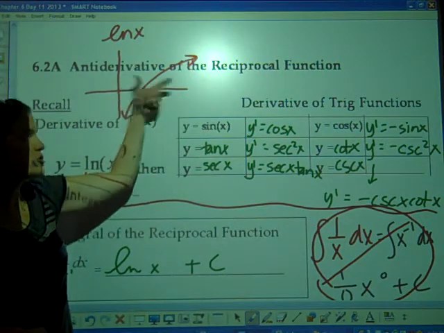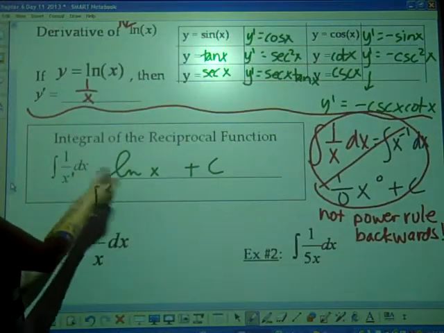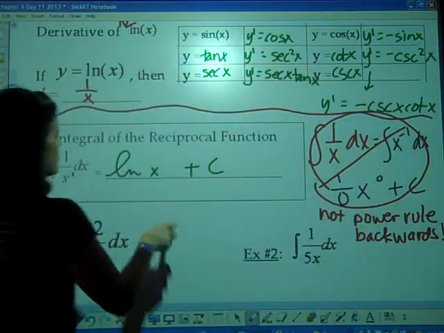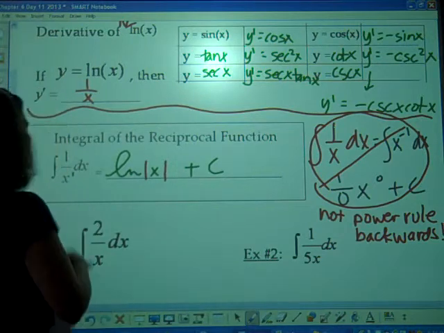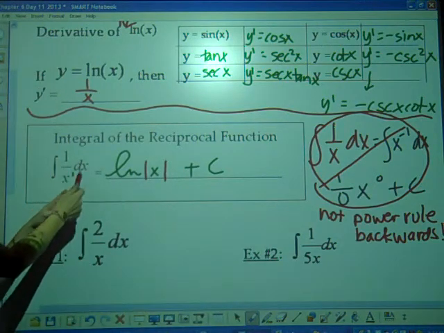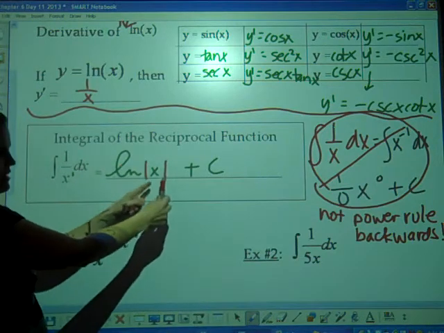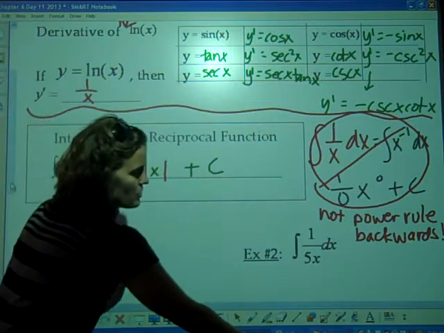In order to ensure that the natural log of x will actually work when we take the antiderivative of this, we need to make sure that we keep x positive, and so we throw absolute values around the argument. So if I'm taking the integral of 1 over x dx, then the antiderivative is the natural log of the absolute value of x, and then of course plus c anytime you have the indefinite integral.